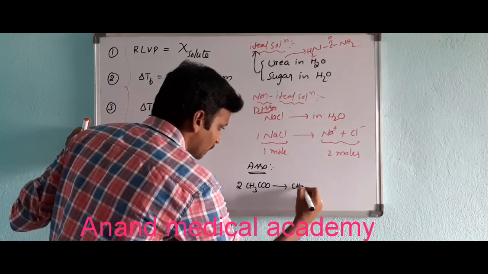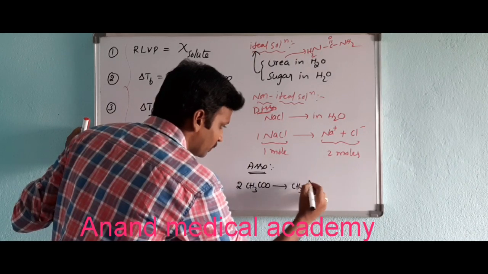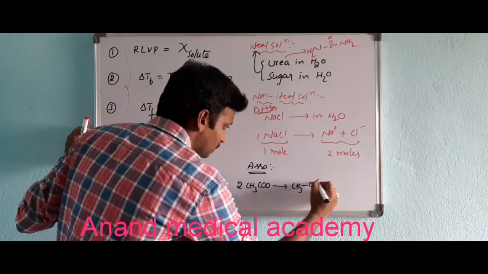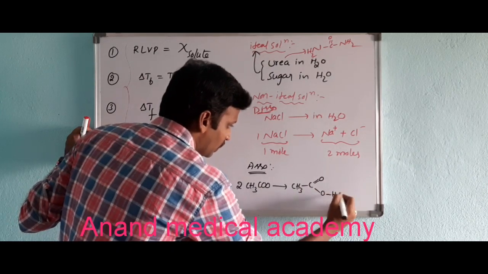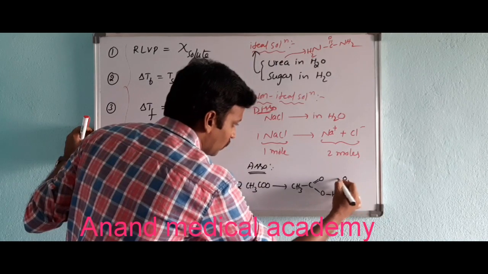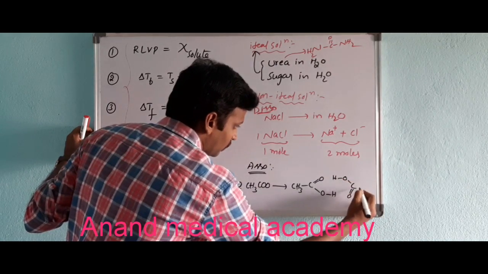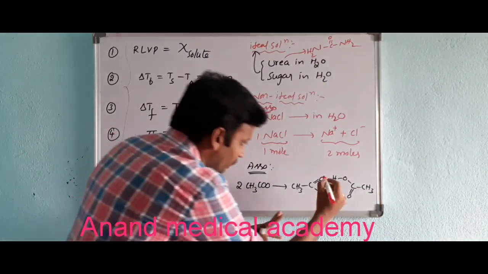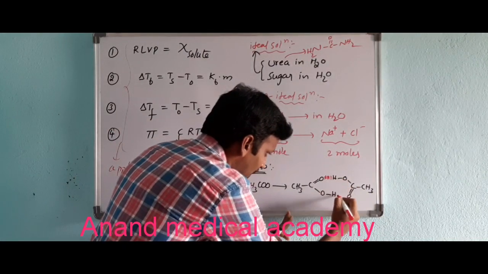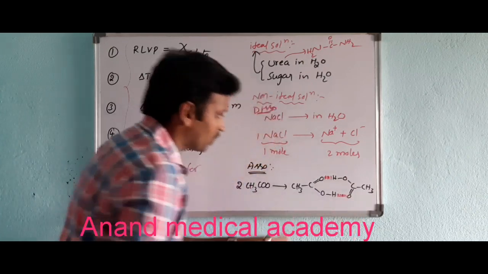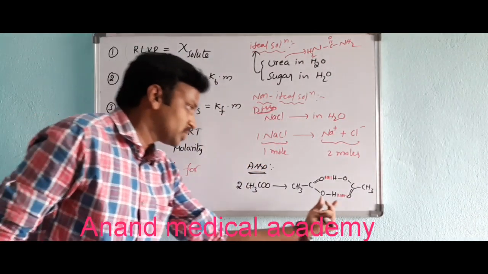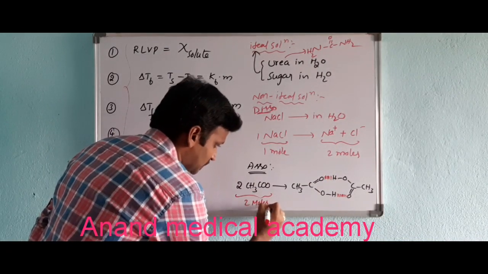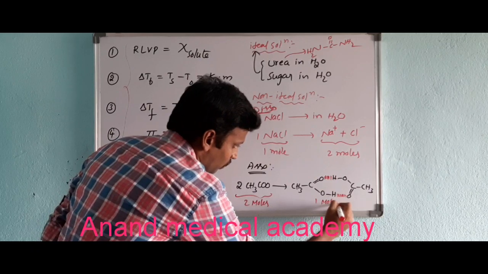CH3, C double bond O, OH, and C, OH, double bond O, CH3. Actually 2 moles are written like this, and between these two there is one hydrogen bond, and between these two another hydrogen bond. So association has taken place. Here 2 moles converted to 1 mole.